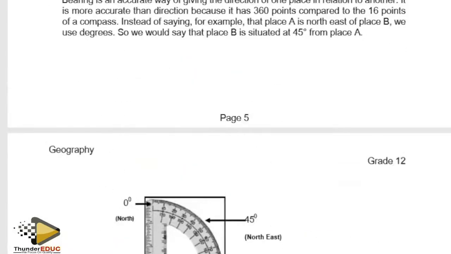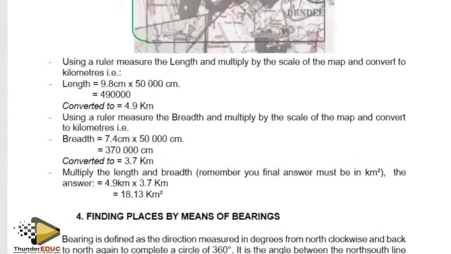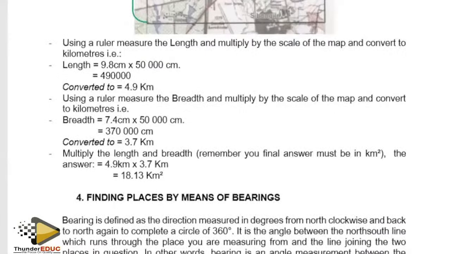Okay. Now, the next aspect that I want us to look at is the aspect of true bearing. True bearing is the same as direction. However, in true bearing you measure degrees.